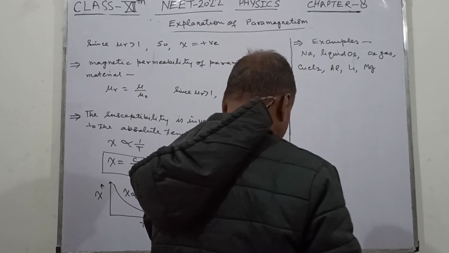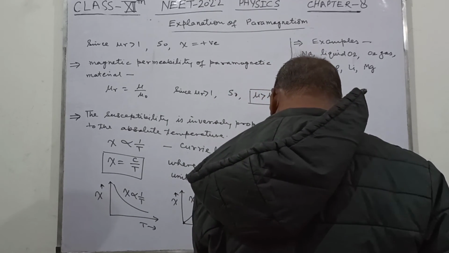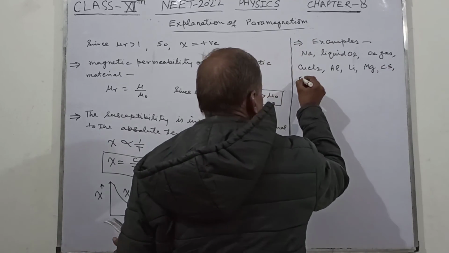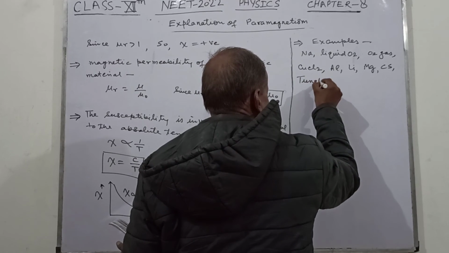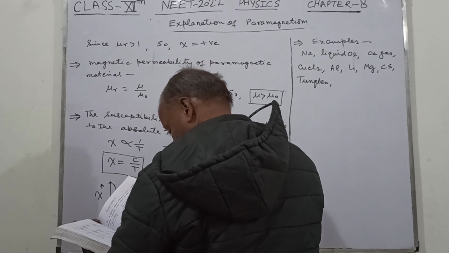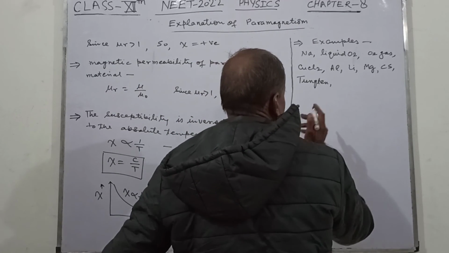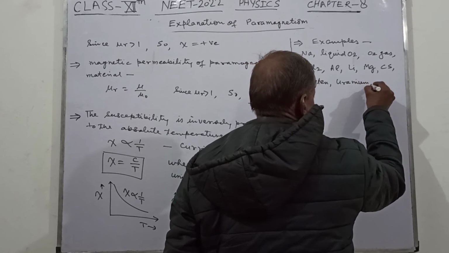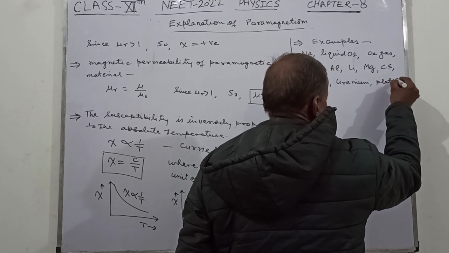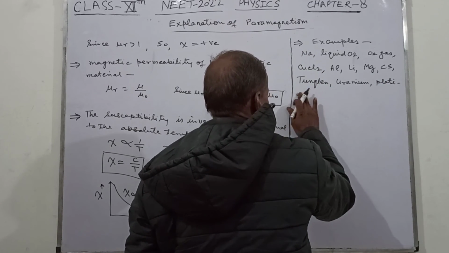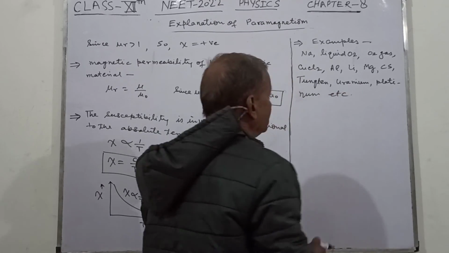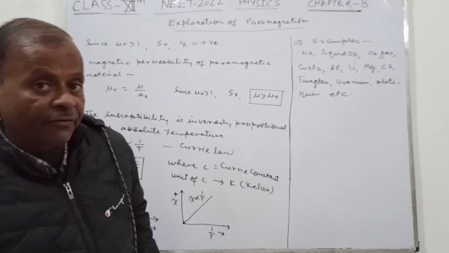Other examples are cesium, tungsten, uranium, platinum, etc.